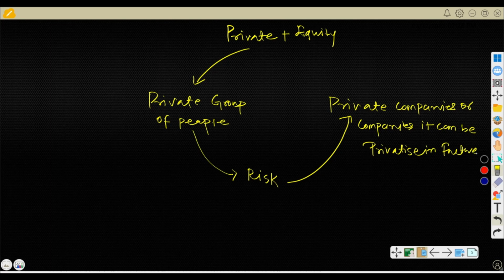So, simply, a private group of people who are willing to take a risk, and also want to invest in private companies, or companies that can be privatized in the near future.